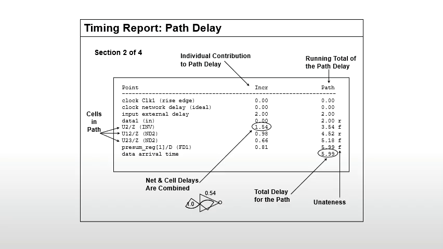Next, NAND gate U23 adds 0.66 nanoseconds to the timing path. Finally, the signal reaches the flip-flop input prism_reg1/D, with an additional 0.81 nanoseconds. The total data arrival time accumulates to 5.99 nanoseconds, defining the critical path delay.